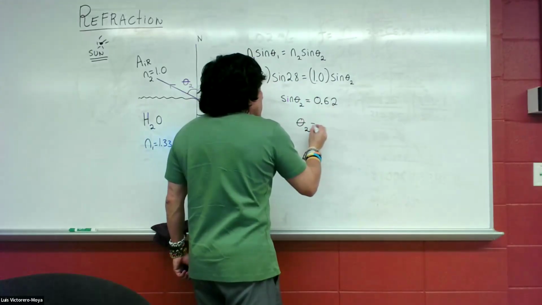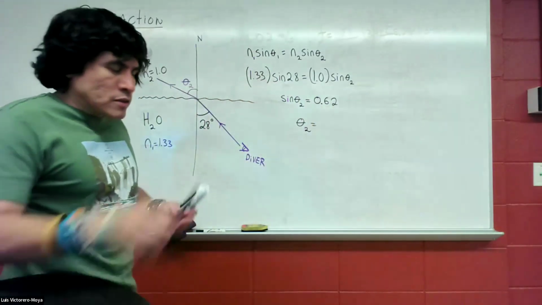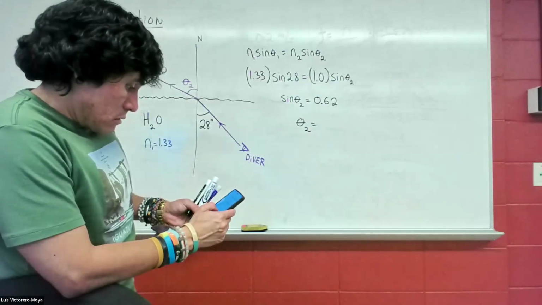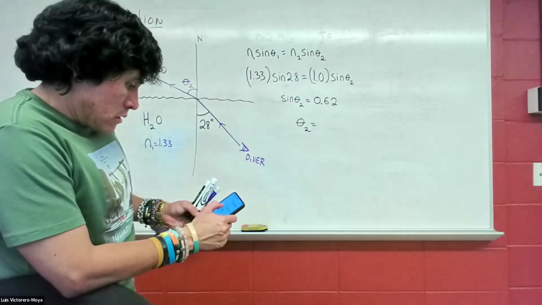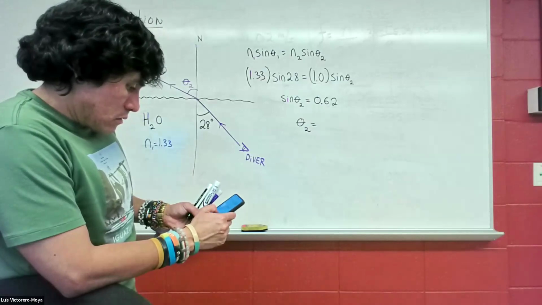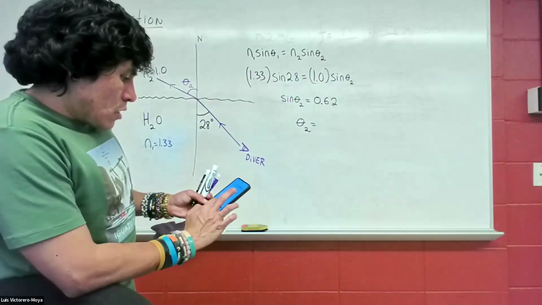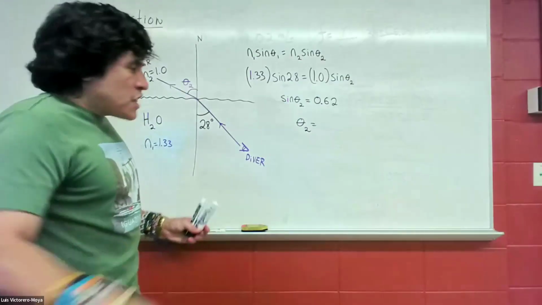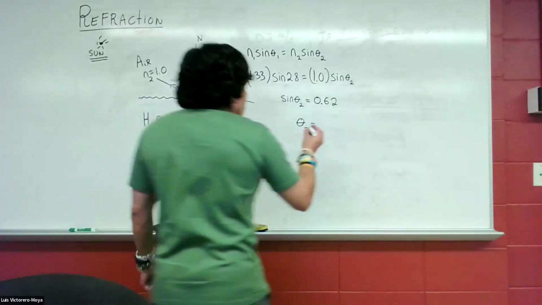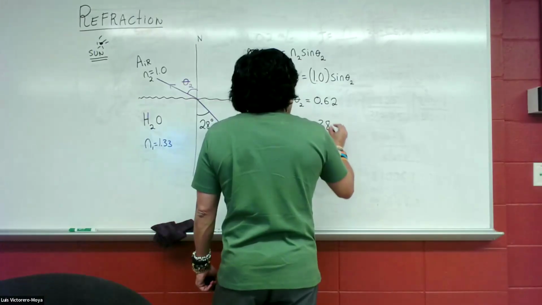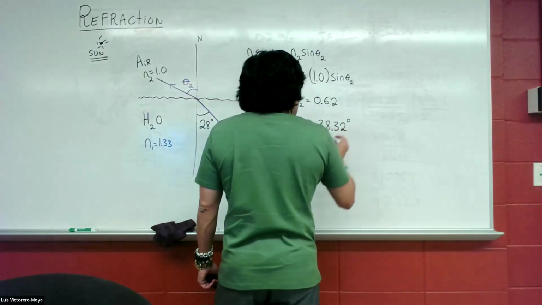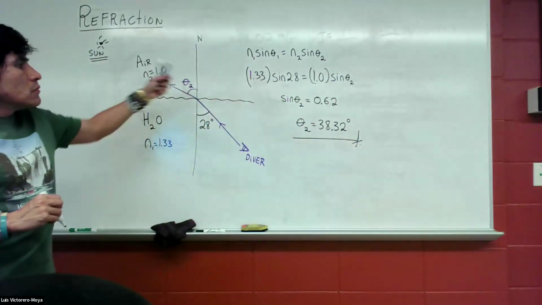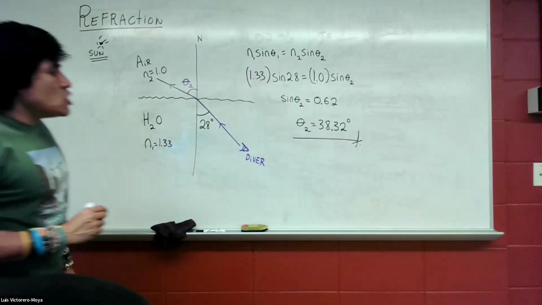So if you do the sine inverse of that in the calculator, you just type sine to the negative 1. So here, let me look. Okay, arc sine, I get 38.32 degrees. Nice. So that's the angle. But is that the direction of the sun? Nope.